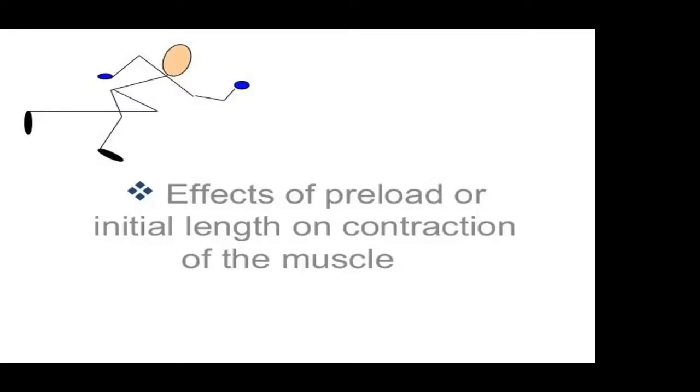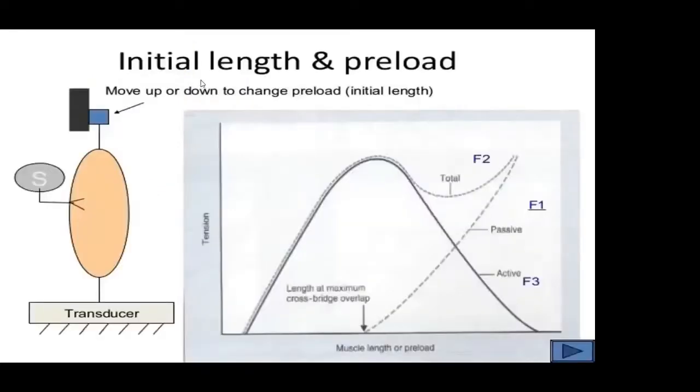So the initial length of the muscle is increased, and work done will be more. See here, initial length and preload. You can see there is a transducer and there is movement up and down to change the preload. That is the initial length of muscle.